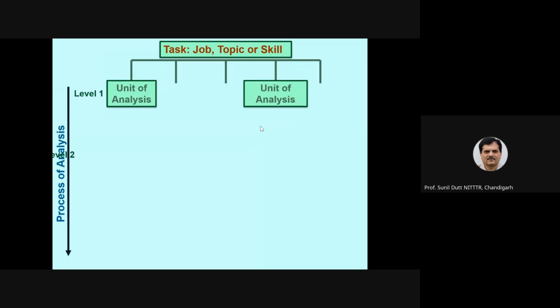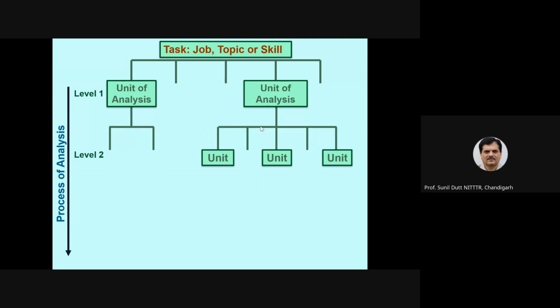Now say for example you have taken one topic. Now for this topic you have divided that topic into say 5. That is, for this topic first of all you have to teach this one, this one, this one, this one, and this one. Now for teaching this part you need to teach these 5 units. So this is the second level of analysis.